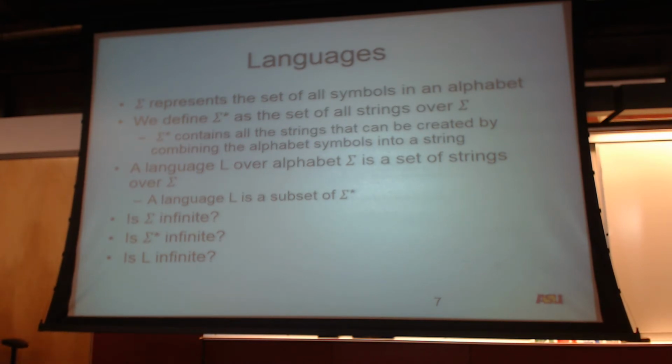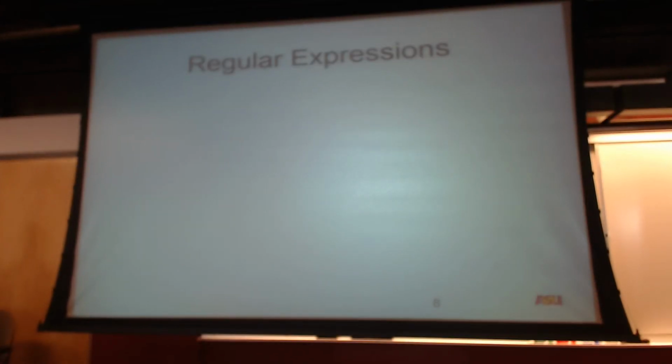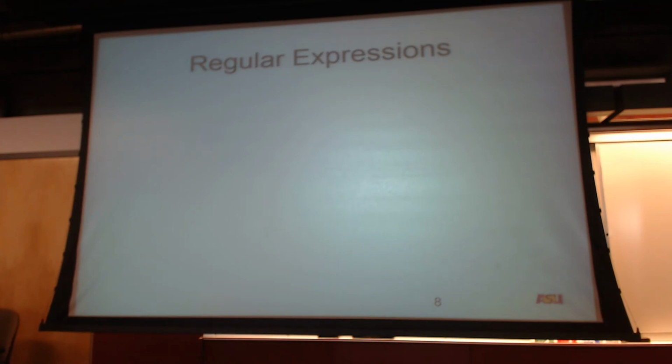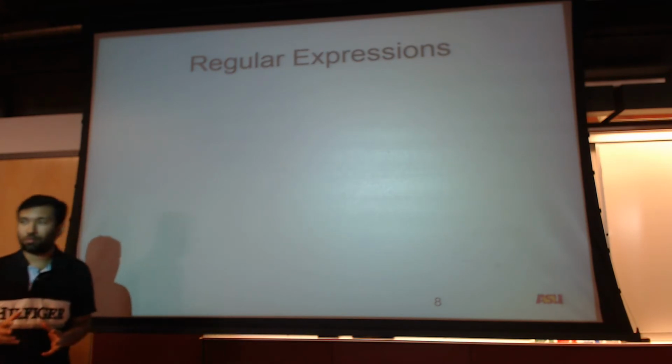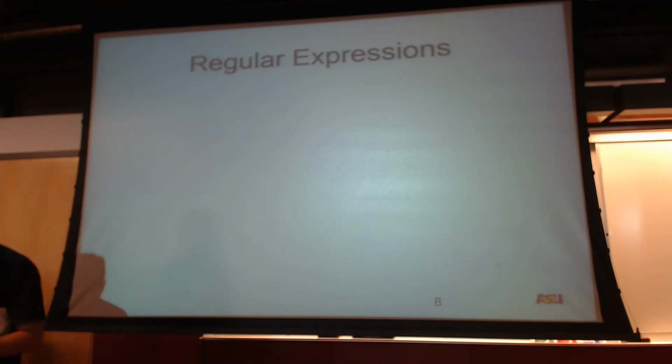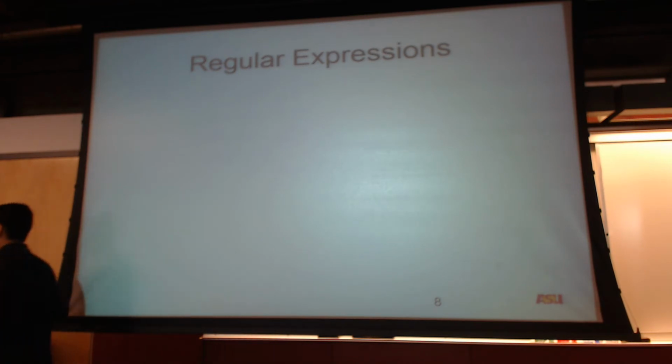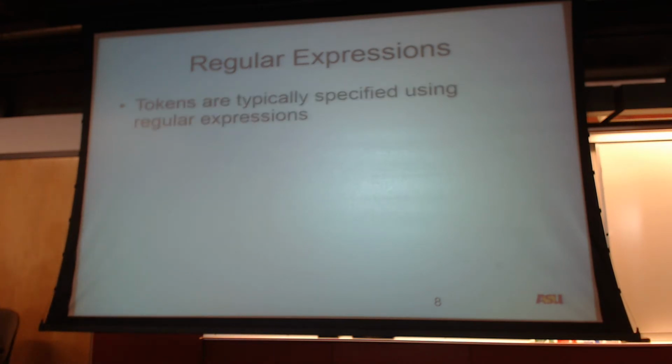So now we come to another concept called regular expressions. Regular expressions are a way of specifying rules for tokens, which means there is some rule of combining these alphabets. What rules can we come up with? That is a part of regular expressions. So tokens are typically specified using regular expressions. What are regular expressions?